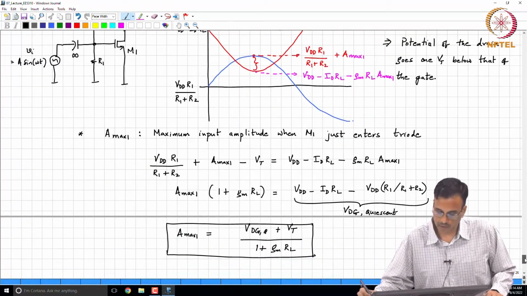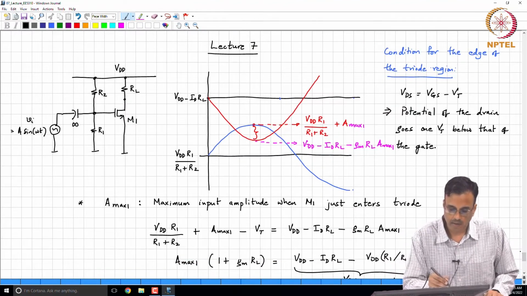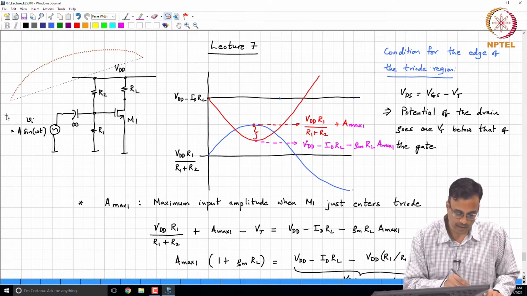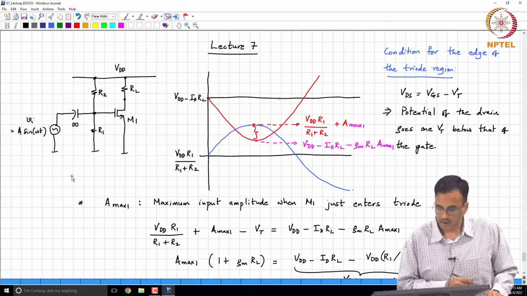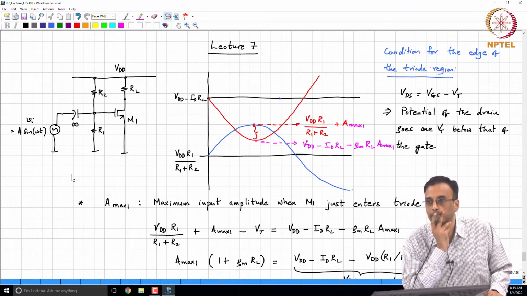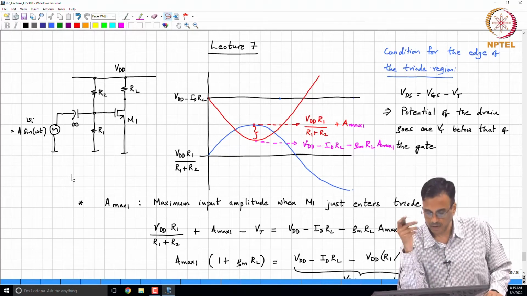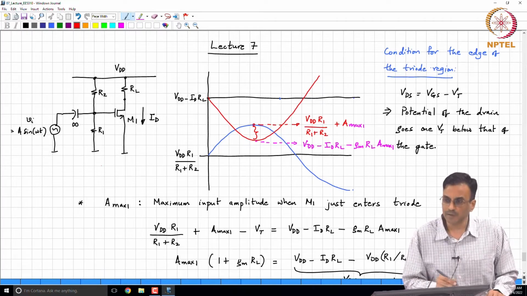Now, that is the story in the positive half of the input cycle. By the way, in the positive half of the input cycle, what comment can you make about the waveform of the current? The quiescent value will be some ID, and the total current will include the incremental current. What is the model for the transistor?